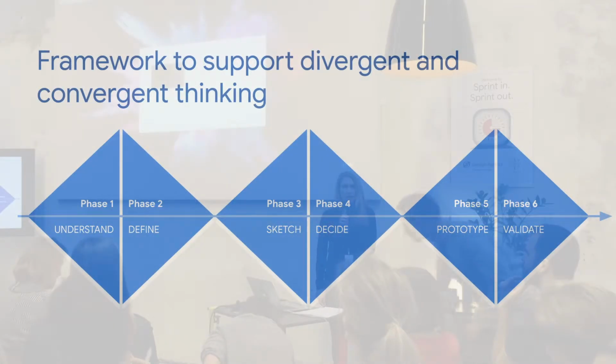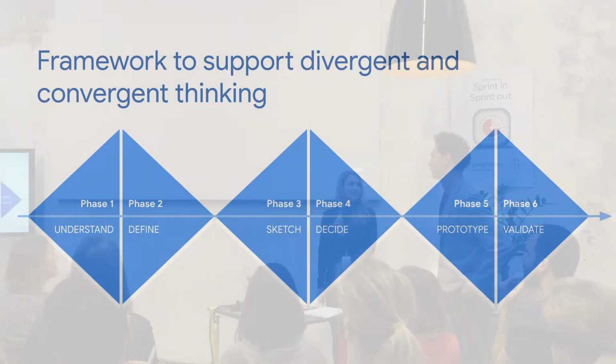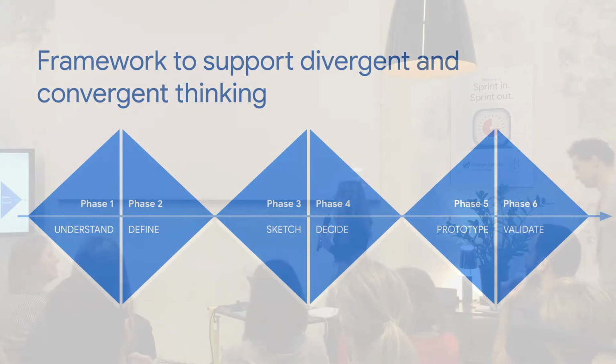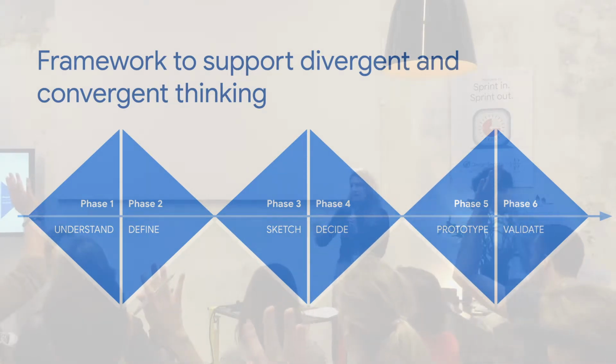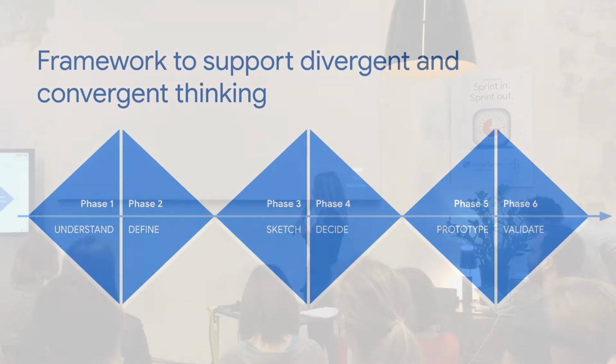Our framework inside of Google is a 6-phase framework to support divergent and convergent thinking. How many of you here have read the Sprint book? Okay, good. All right. We have a baseline of understanding.